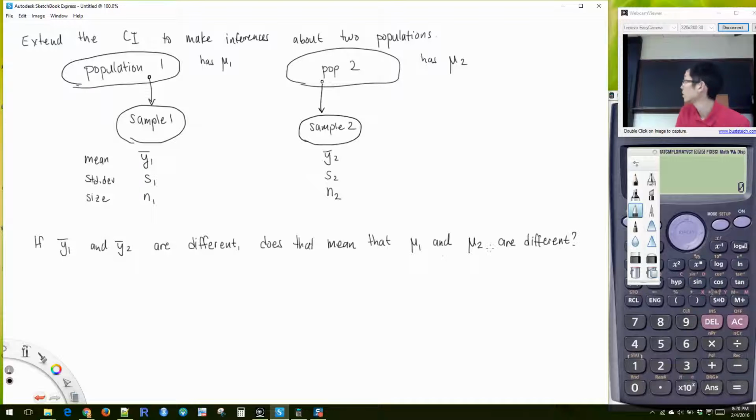Okay, this is the question that we have, right? So what we're going to do is create a confidence interval, not for mu1 and not for mu2 individually, but in order to answer this question, we're going to create a confidence interval for the quantity mu1 minus mu2, the difference.